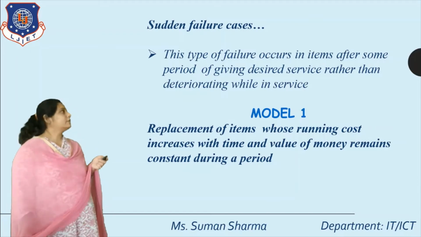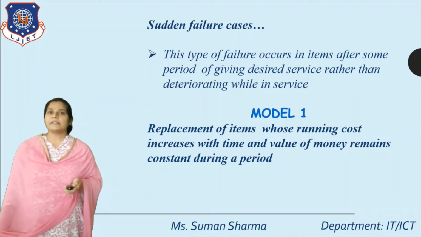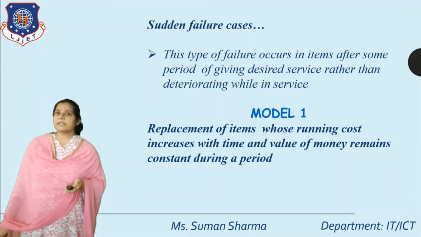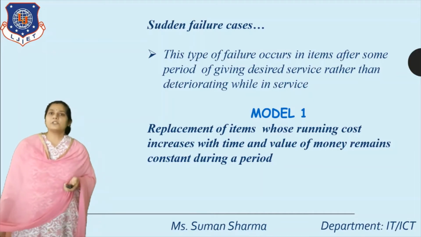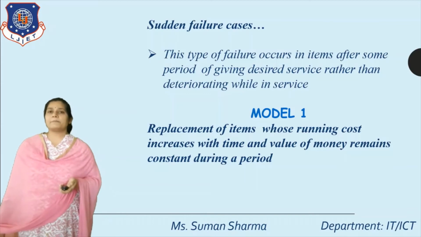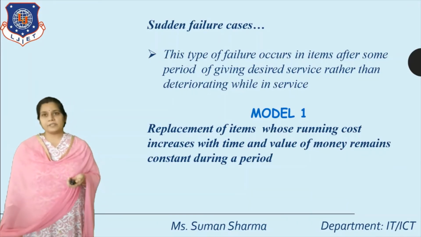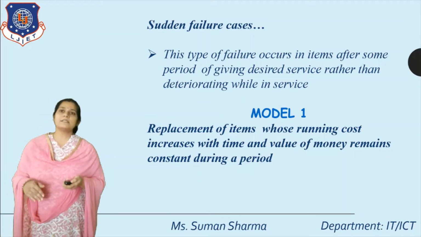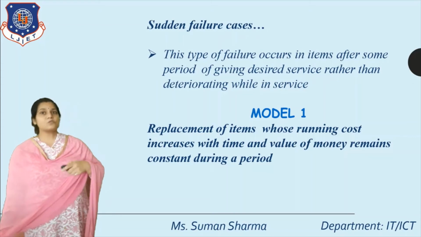And sudden failure means this type of failure occurs in items after some period of giving desired service, rather than deteriorating while in service. For example, first buy a new car. After 5 years, the resale value goes down and the maintenance cost goes up.